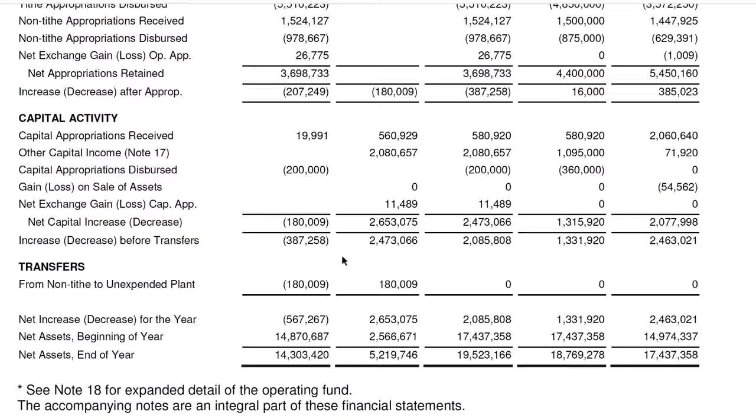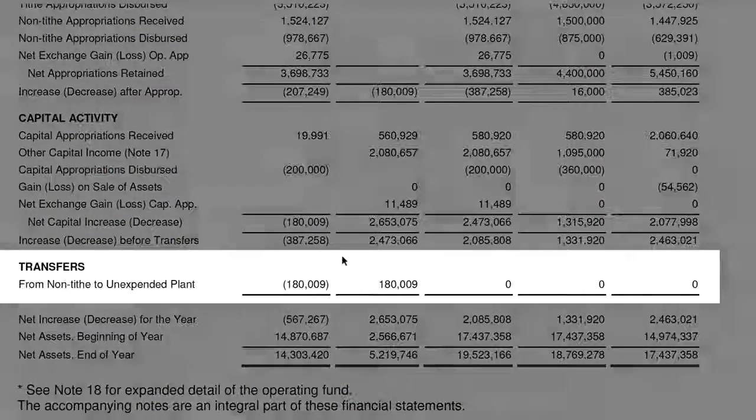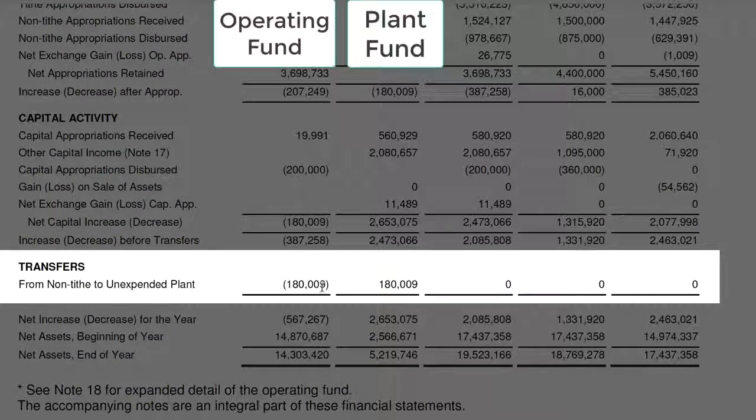And then the next to final thing I want to show you is transfers between funds. This row right here is illustrating taking money from our operating fund and squirreling it away in our plant fund. So this looks like either we're trying to save toward a capital purchase, like we're saving toward building a new building, or this could simply mean we have purchased some assets.